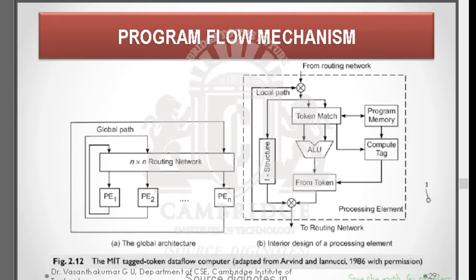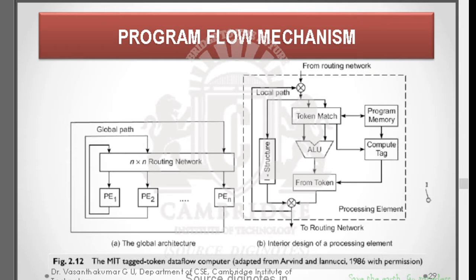Okay, today we'll see about the program flow mechanism. Here you can observe there are two diagrams. Diagram A shows the global architecture in which we have different processing elements. There are n processing elements which are connected to an n by n routing network.